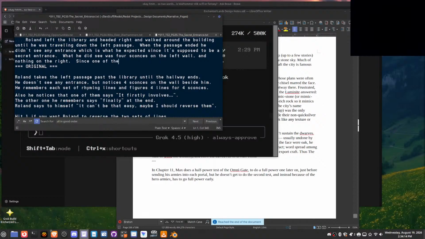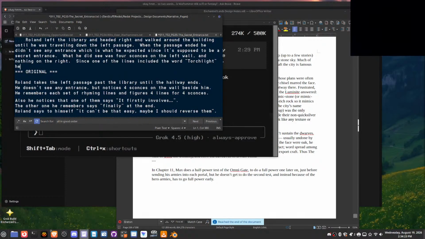Since one of the lines included the word torchlight, he decided it had to have something to do with the wall sconces.